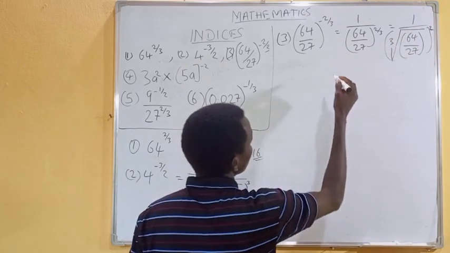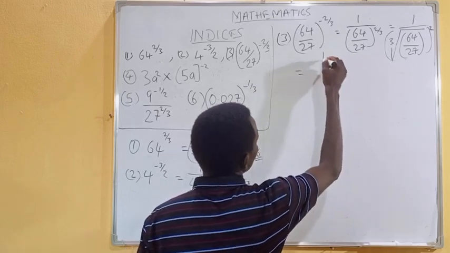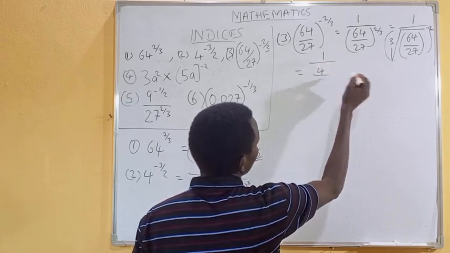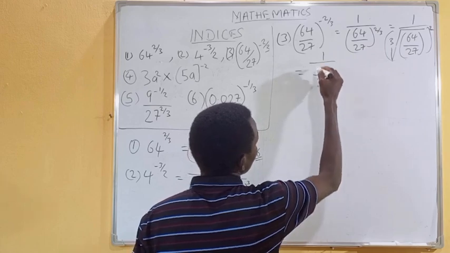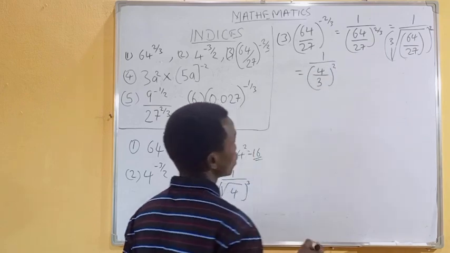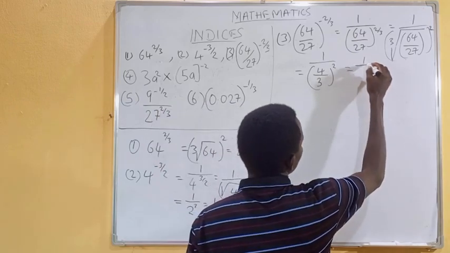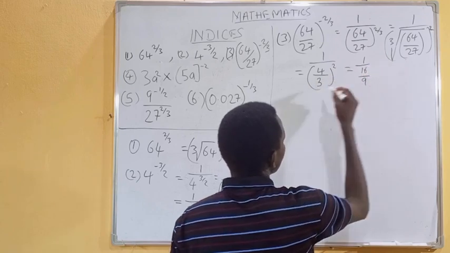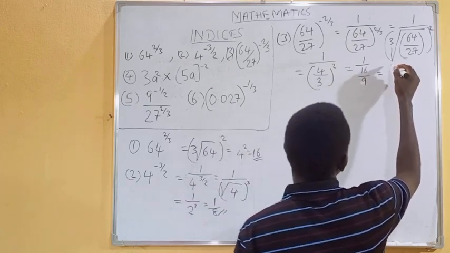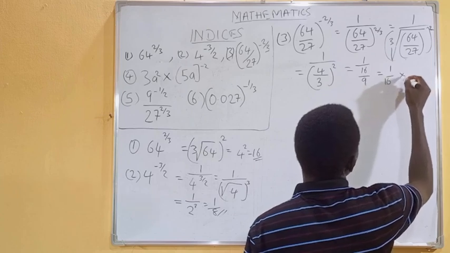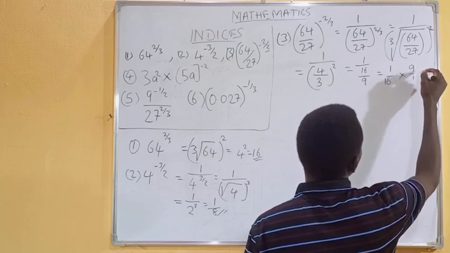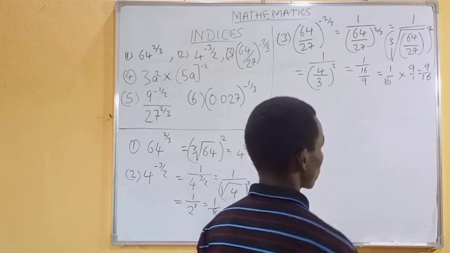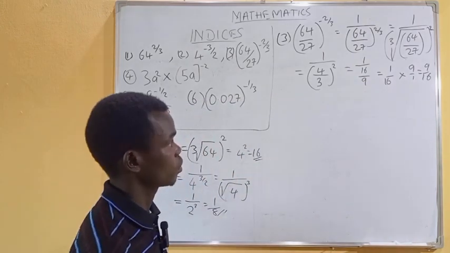And this, you can find, the cube root of 64 is 4 over the cube root of 27 is 3, all squared, which equals 1 over 16 over 9. And this can also be written as 1 all over 16 over 9, which is 1 times 9 over 16, which is 9 over 16. That is the answer for question 3.